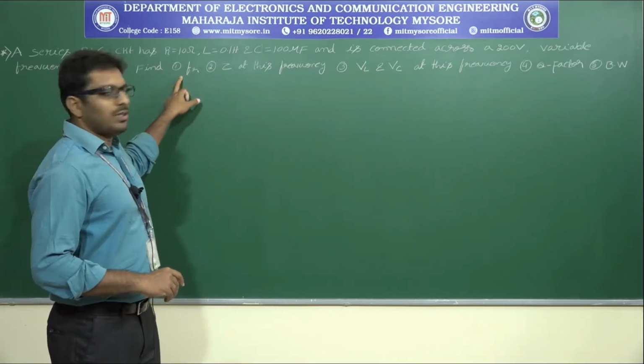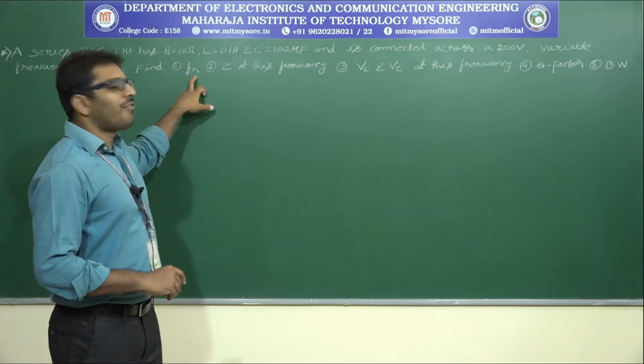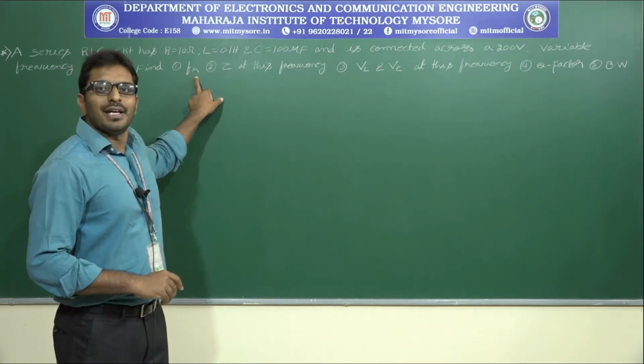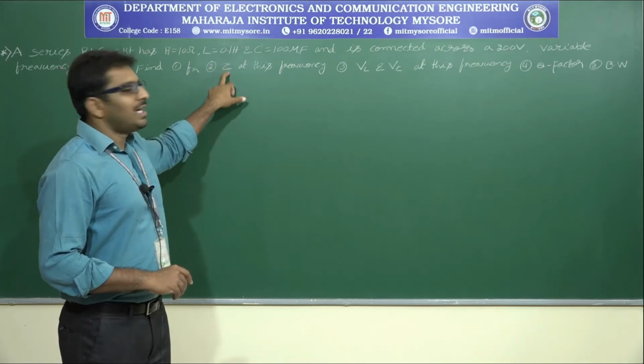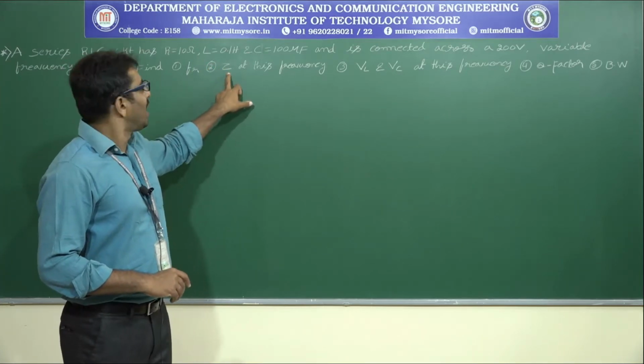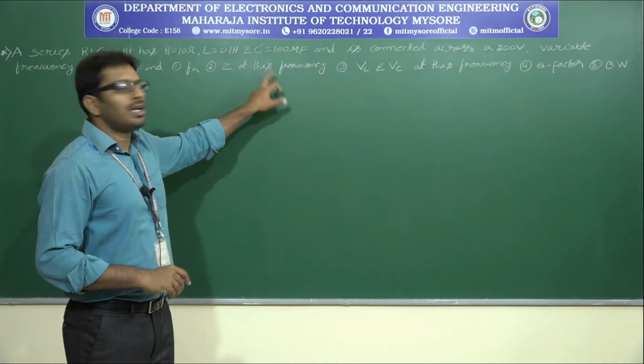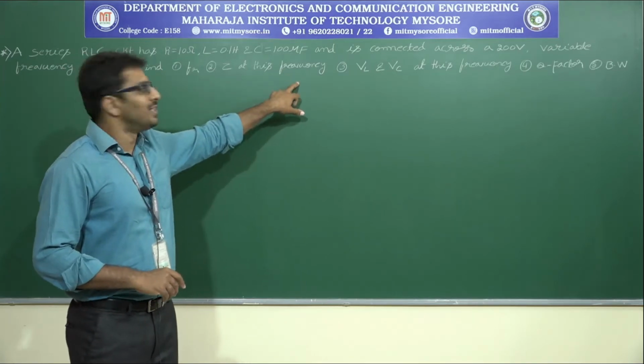The first part of the question is FR, that indicates resonant frequency. Second one is Z, the impedance at this frequency, that is, at resonance frequency.